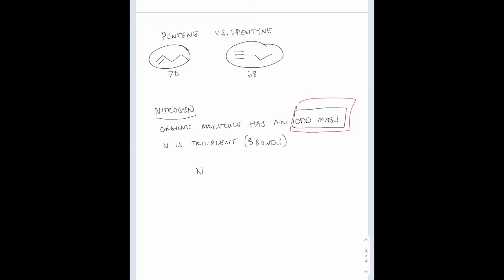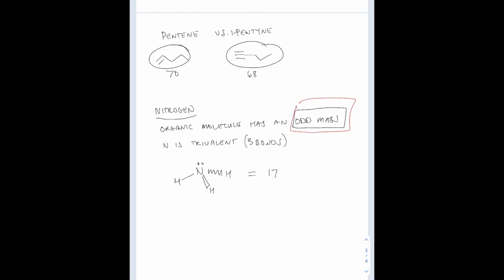So for example, nitrogen having a mass of 14 binds to 3 hydrogens, each having a mass of 1, and so that means that the mass of this is 17. There you go. The mass is odd, and therefore we had that nitrogen.